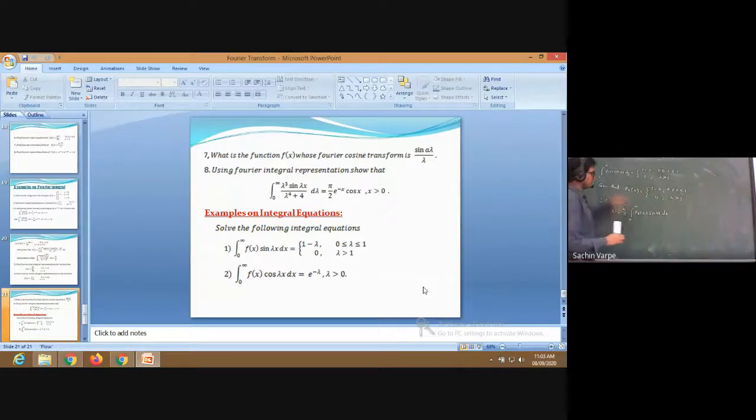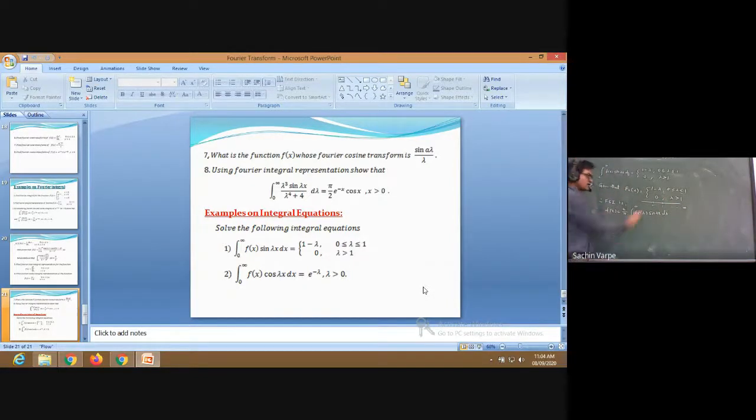Since the function Fs of lambda is given in two parts, we have to break the interval 0 to infinity into two parts according to the function. Here the function is defined on the intervals 0 to 1 and 1 to infinity, isn't it? Lambda is greater than 1 and 1 is positive, so after 1 it goes up to infinity. That is why 0 to 1 plus 1 to infinity.